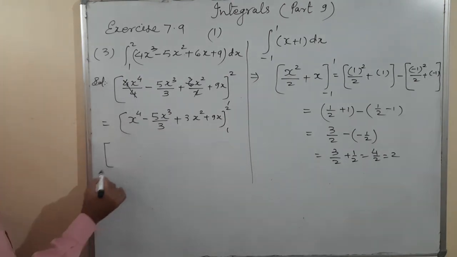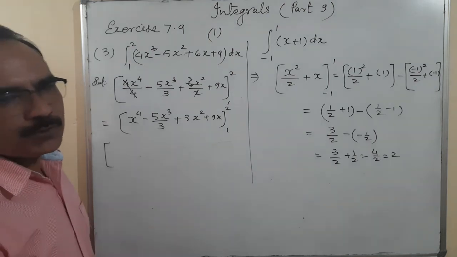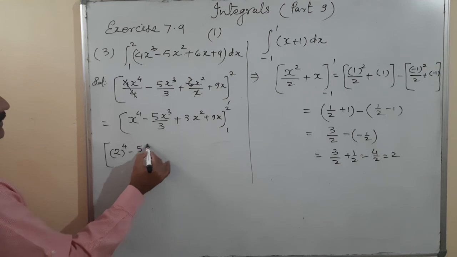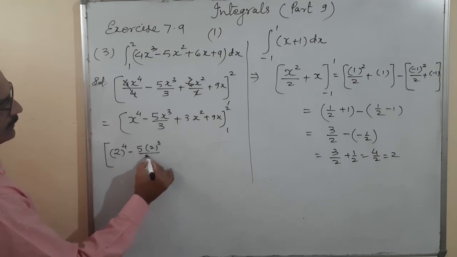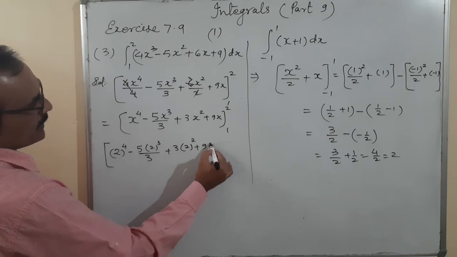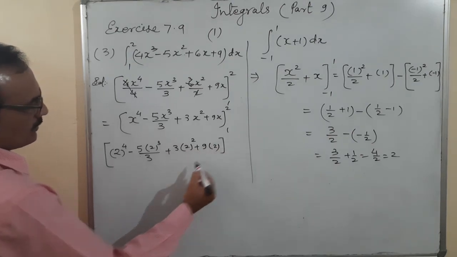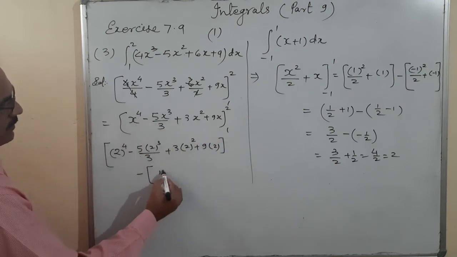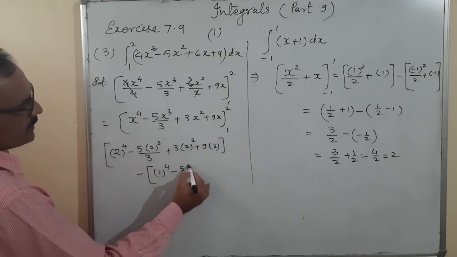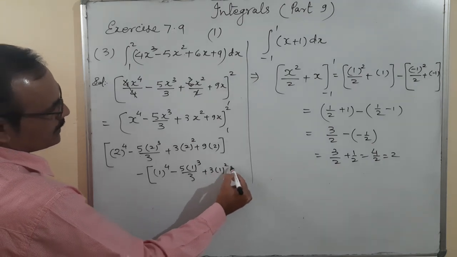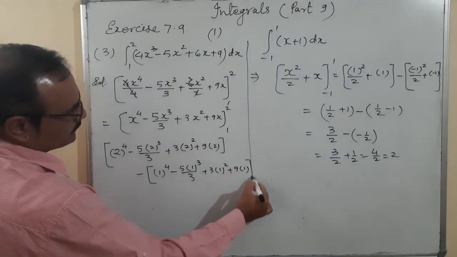First, for the upper limit, in place of x I am going to put 2. Let us see: 2 to the power 4 minus 5 times 2 to the power 3 upon 3 plus 3 times 2 to the power 2 plus 9 times 2. Okay, minus the lower limit, in place of x there is a 1: 1 to the power 4 minus 5 times 1 cube upon 3 plus 3 times 1 square plus 9 times 1.